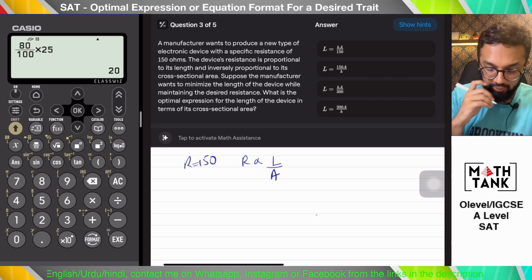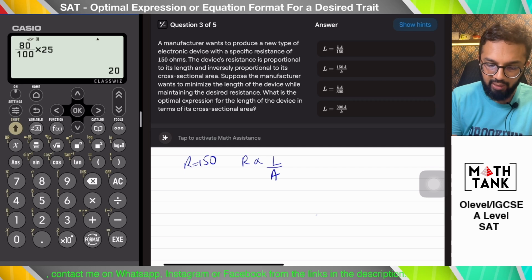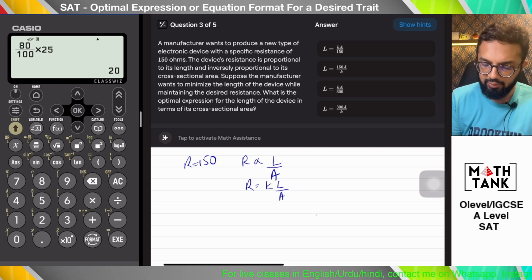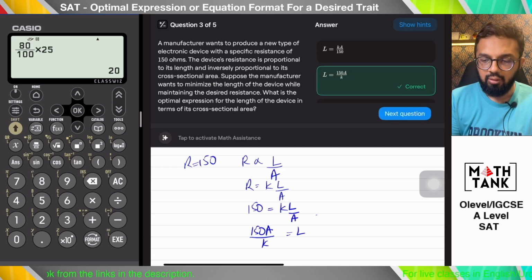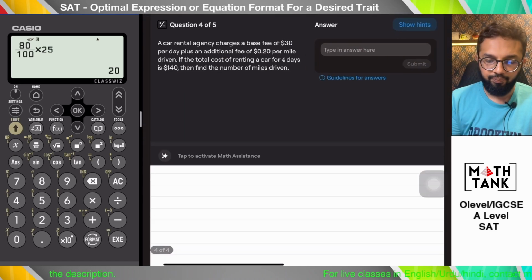Suppose the manufacturer wants to minimize the length of the device while maintaining the desired resistance. So what is the optimal expression for the length? I'm asking you for an expression for L in terms of A. So that's 150, and it's going to be 150A divided by K equals L. That is the correct answer.